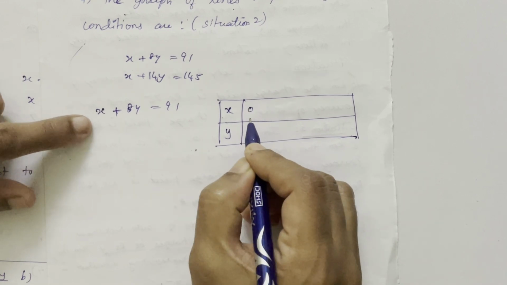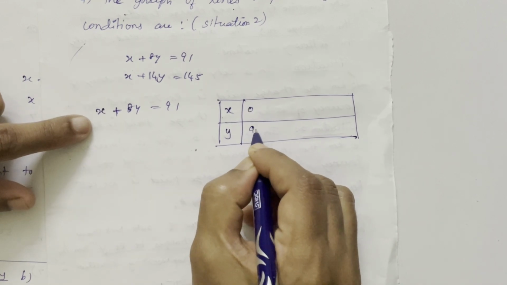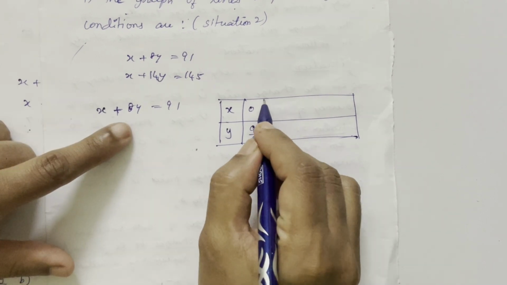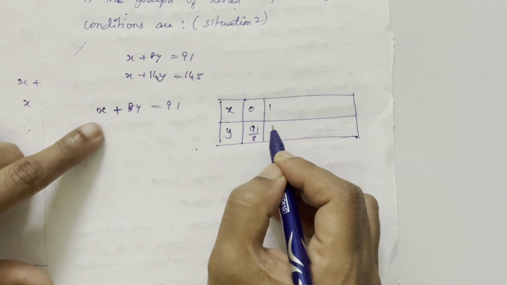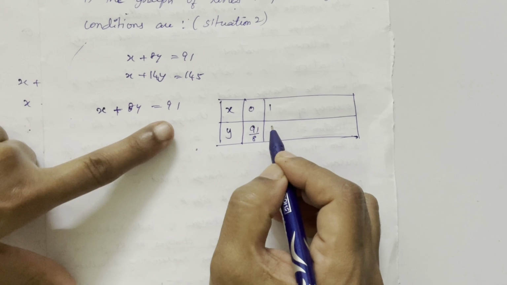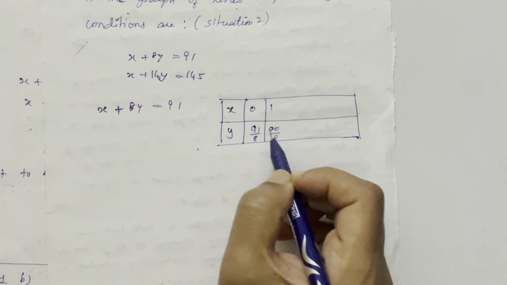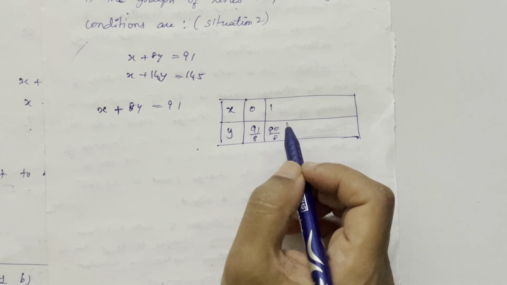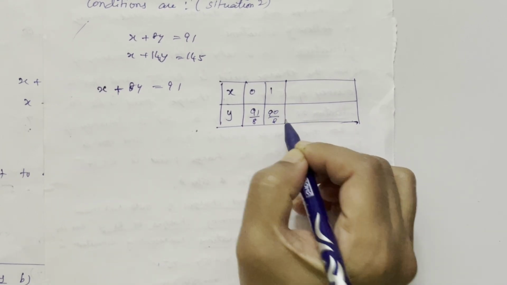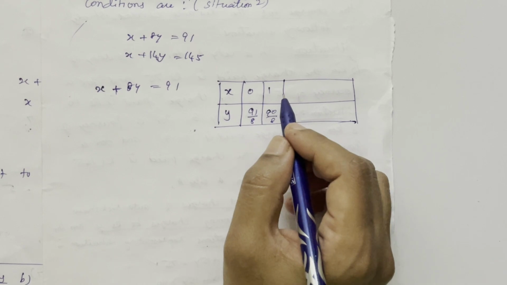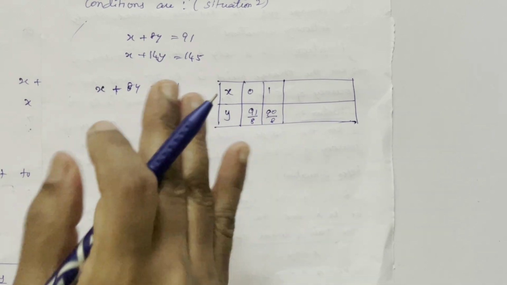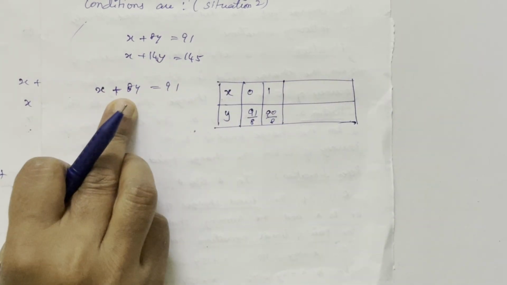If you put 0 for x, we will be getting 91 by 8. If we put 1 for x, y equal to 90 by 8. We cannot plot these fraction values in the graph. So we have to take a number such that the right-hand portion is divisible by 8.